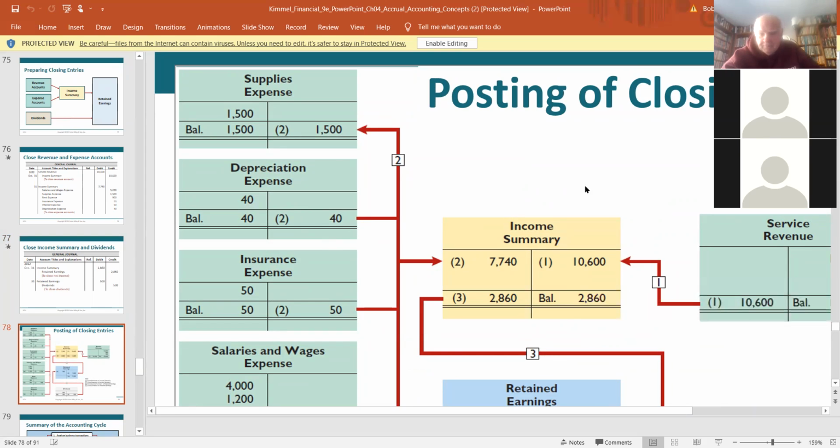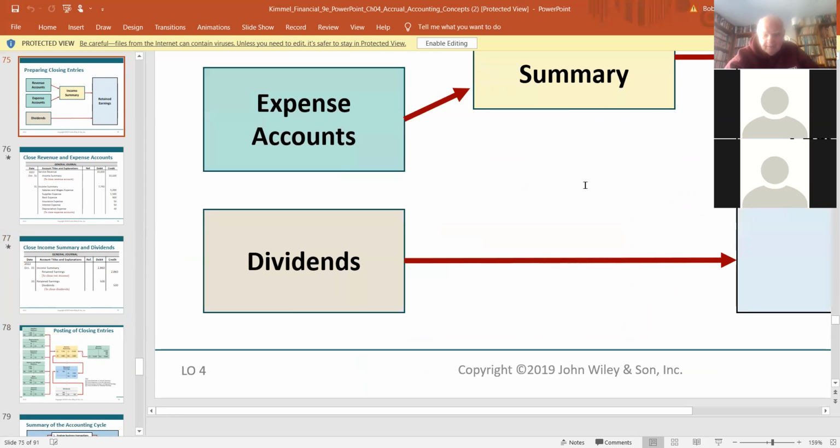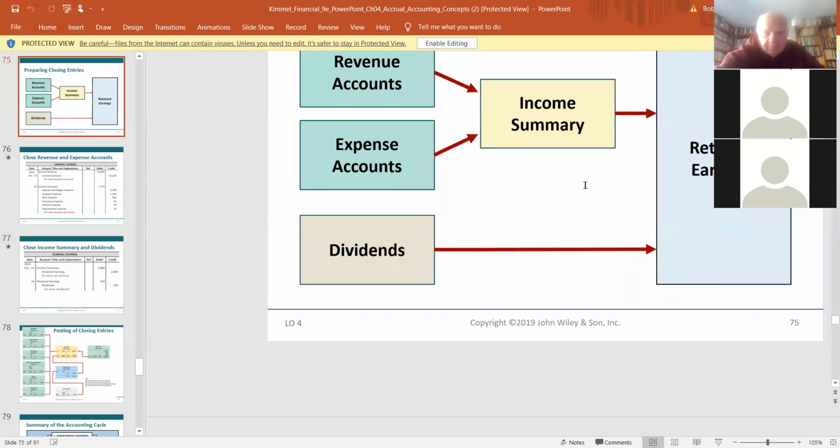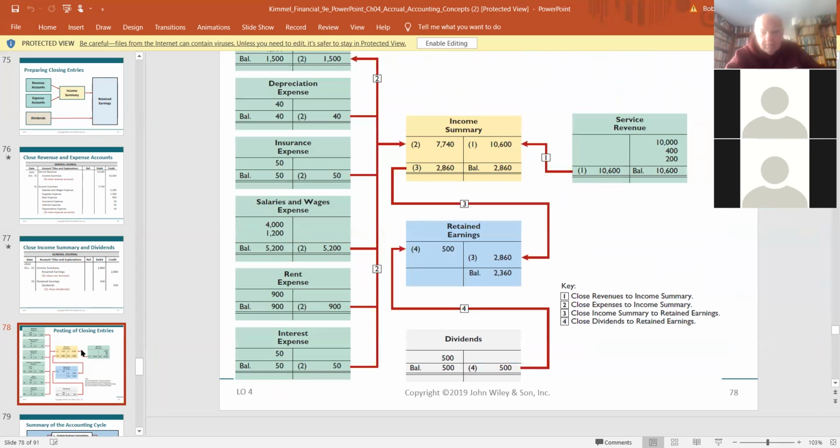There's your balance there. Oh, hold on. I screwed this up. And there is your retained earnings. Now it has gone from 0 to 2,360.